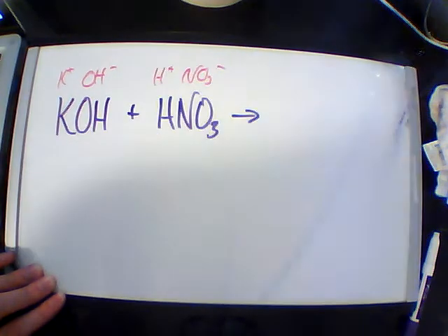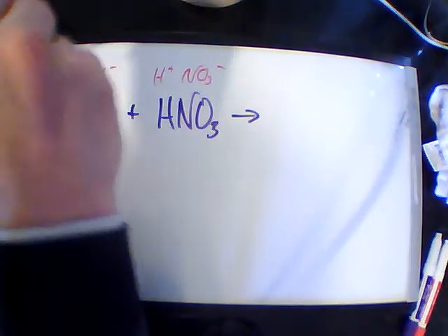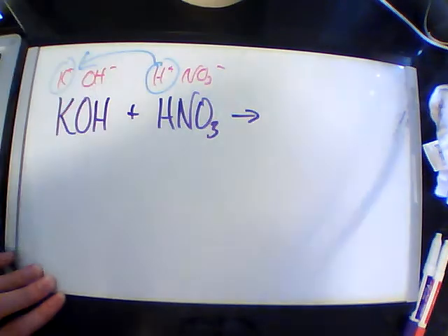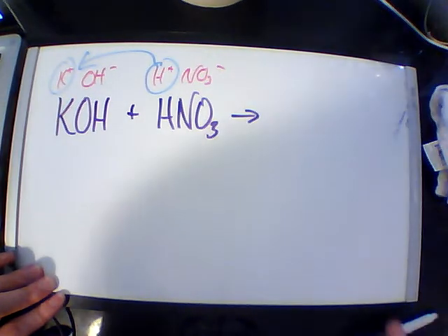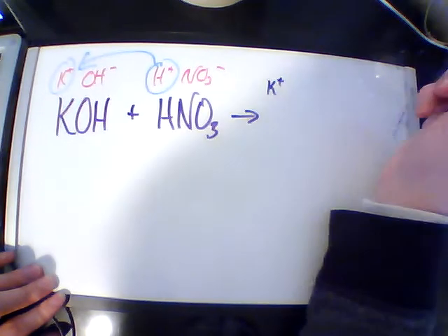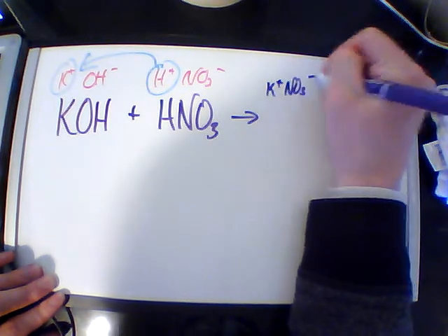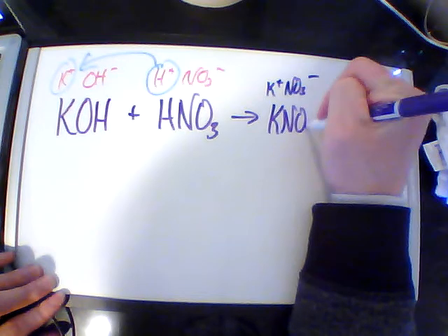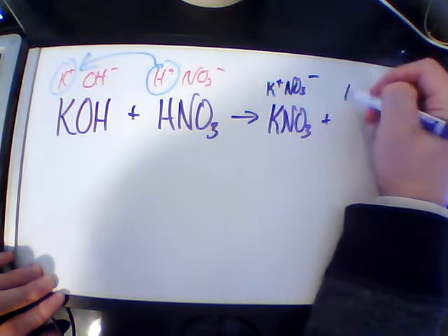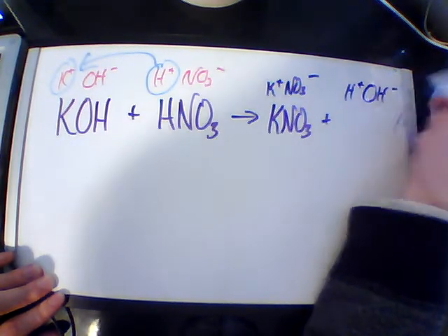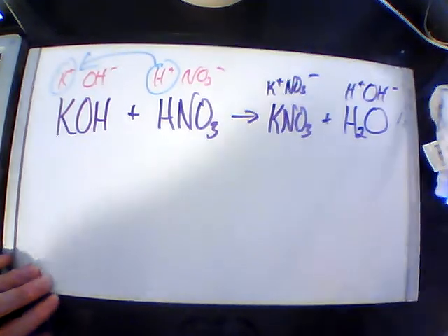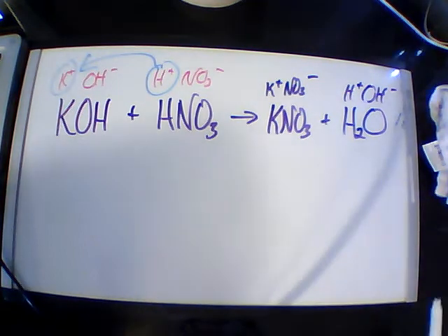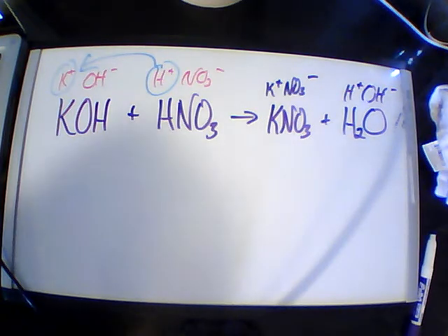Take your cations, take that K, take that H+, swap them. So in the end, my K+ is bonded to NO3-. One of each will balance that out. And my H+ is bonded to my OH-. We saw this once already. We don't write it HOH. We write it H2O. It's water. And if you look that one over, you'll notice it's already balanced.